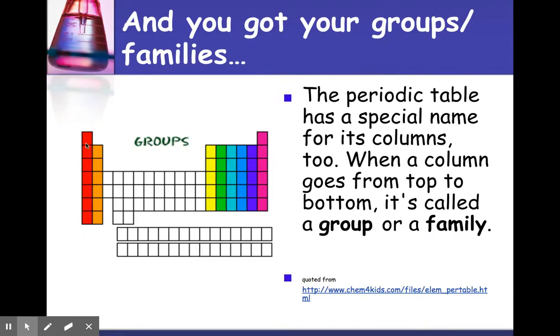So you'll see the very first one, it's marked here in red. That's actually a group called the alkali group. Those are all metals. They are highly explosive when they come in contact with water. That includes elements like sodium, lithium, potassium, all the way down to francium, which is the most reactive metal in the periodic table. Vertical columns all the way down. So you'll see all these vertical columns. What does it tell us?